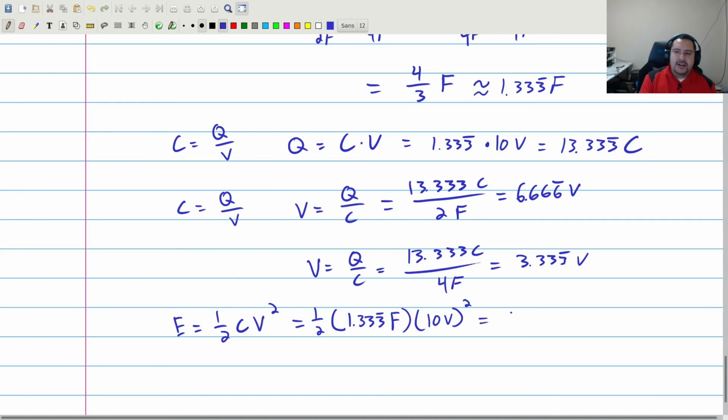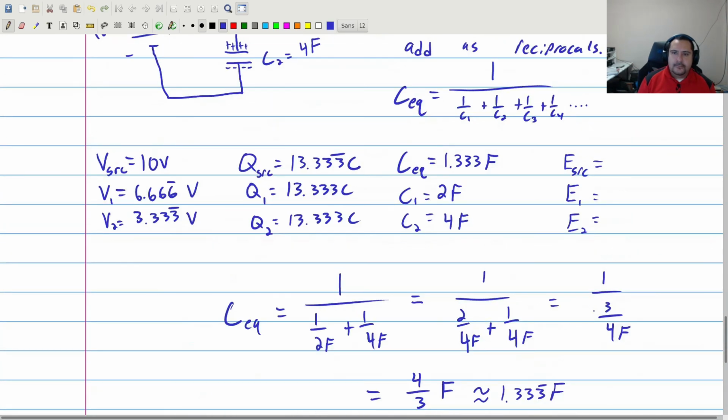I think I'm going to get 66.666 repeating joules. So E of the source is 66.666 joules.